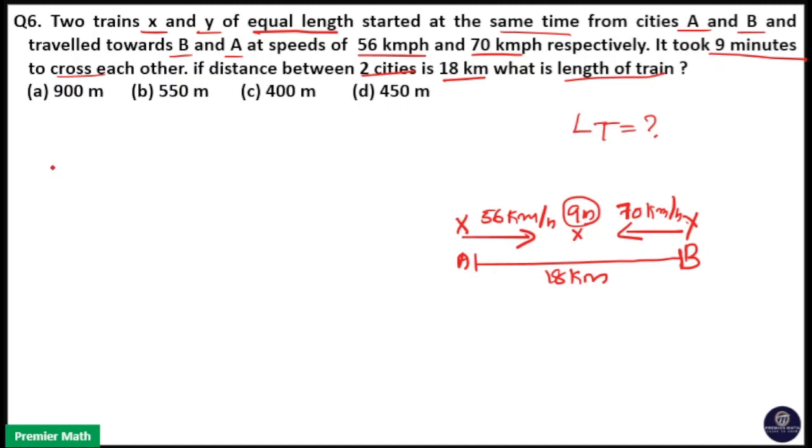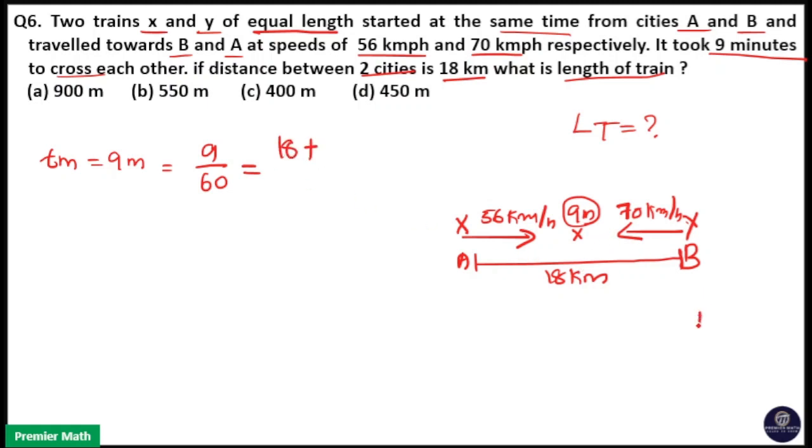That means the meeting point is at 9 minutes. So time of meet is equal to 9 minutes, that is equal to 9 by 60 hour. I will take this as 9 by 60 hour because both the distance and speed are in kilometer per hour and kilometer. So 9 by 60 hour is equal to the time of movement, which is equal to distance covered, that is 18, the distance between the cities, plus train length.